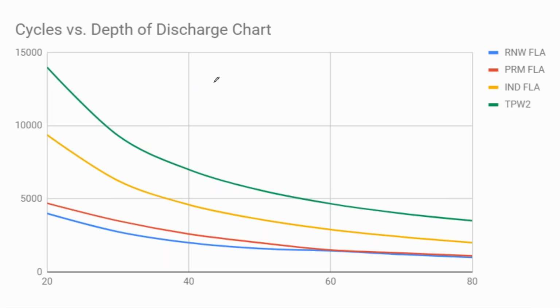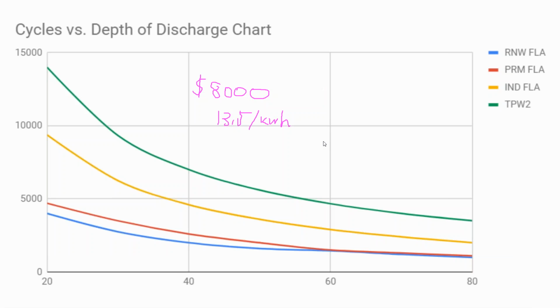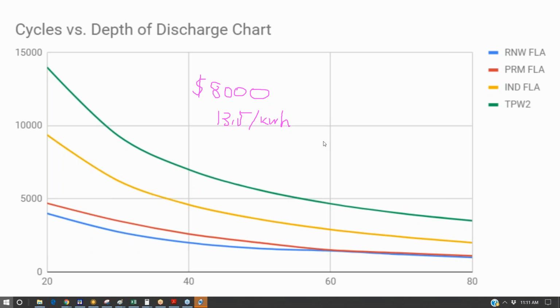We look at Tesla's advertised price of about $8,000 for the Tesla Powerwall, and it's a 13.5 kilowatt hour battery. And yes, you're buying not just the battery, but also the inverter hardware that goes with it. But you can't buy one without the other as far as Tesla's product is concerned.